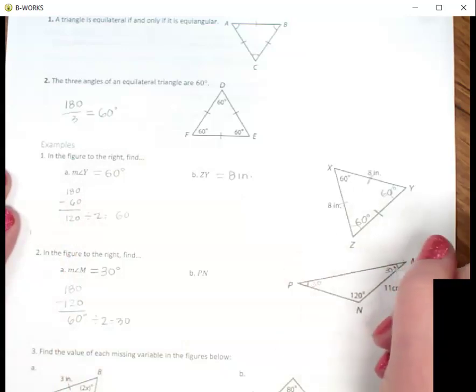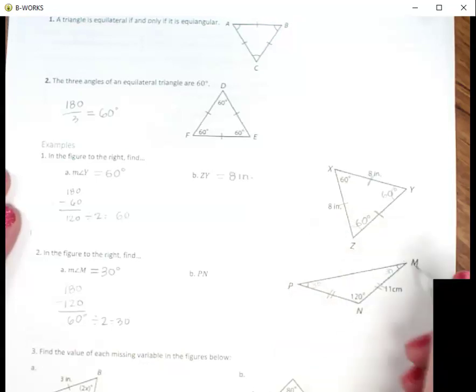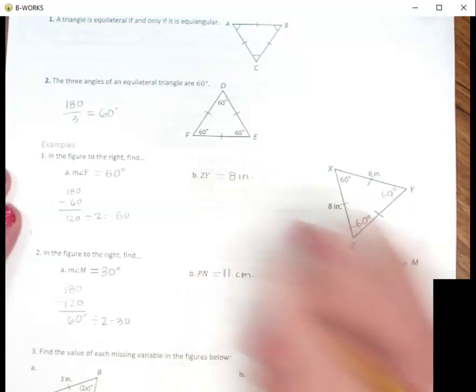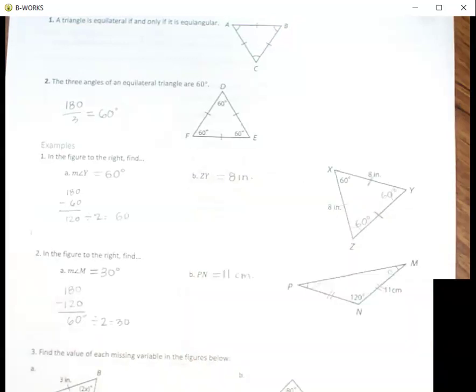You know that those two angles are congruent, so these two sides are congruent, and so if MN is 11 centimeters, PN is also 11 centimeters.